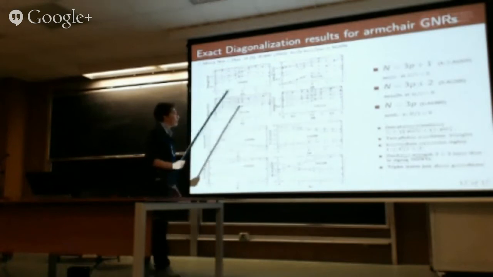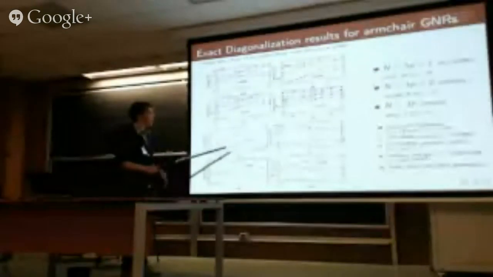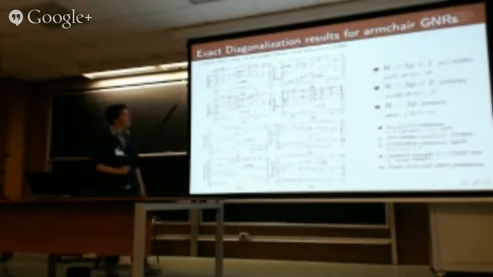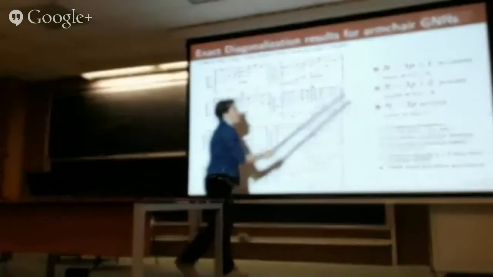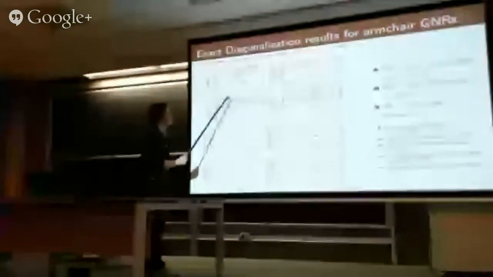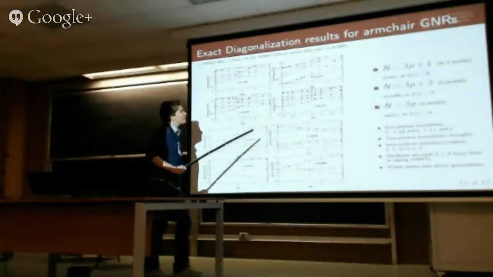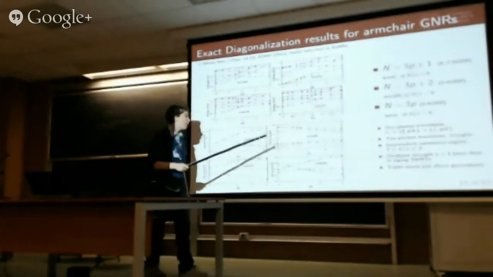And since the correlation parameter U over t for graphene-based systems is believed to be between 1 and 2, you can also see that the 3p plus 1 and the 3p family are almost similar to each other in this correlation range, whereas the 3p plus 2 family is the one clearly standing apart.